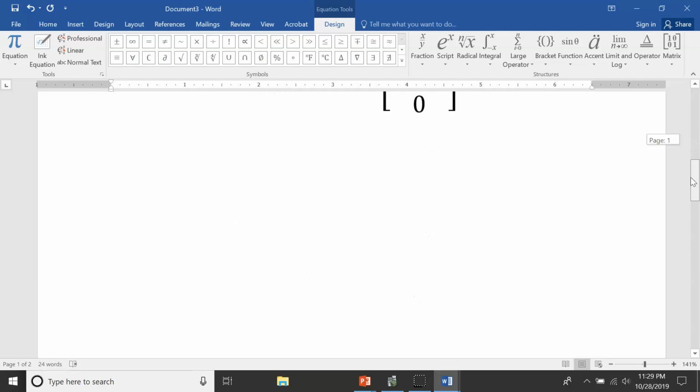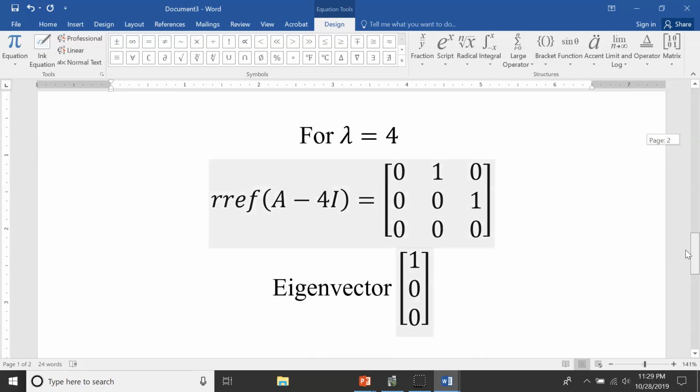Now, the interesting one is obviously the eigenvalue 4. When you take A minus 4 times the identity and put that in row reduced echelon form, what you get is this matrix. This matrix means that x1 is free, x2 has to be 0, and x3 has to be 0. So notice we only had one free variable, but our eigenvalue of 4 had multiplicity 2.